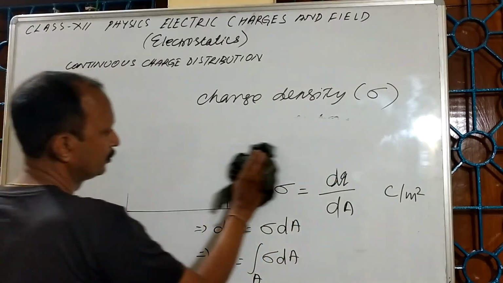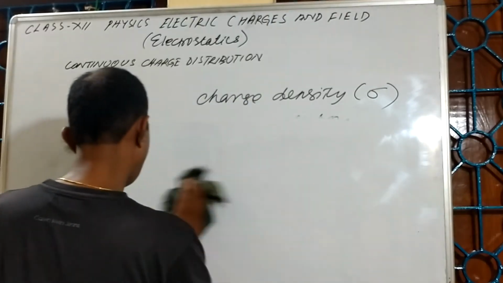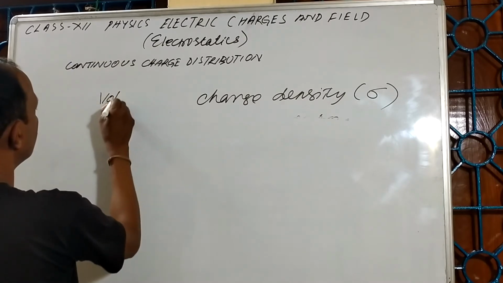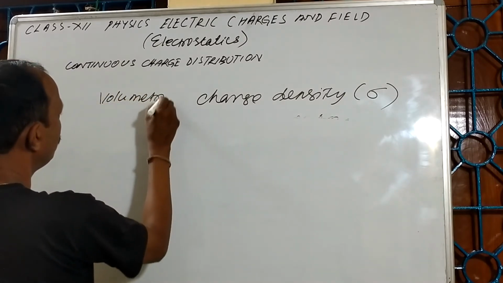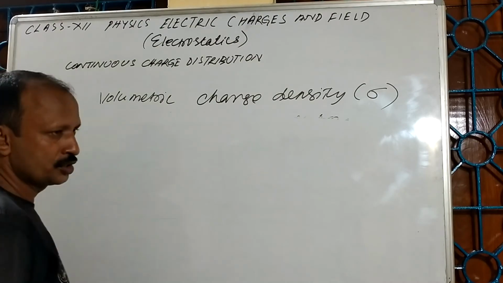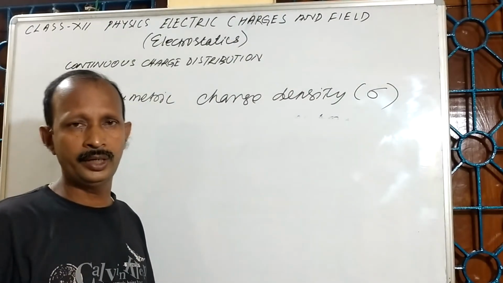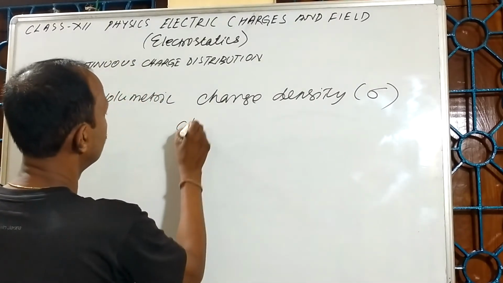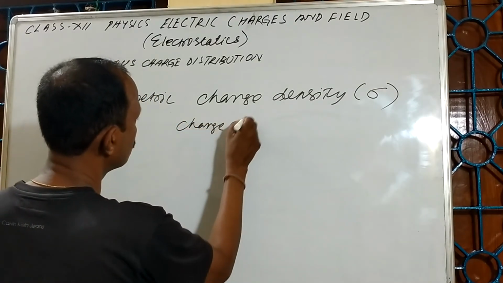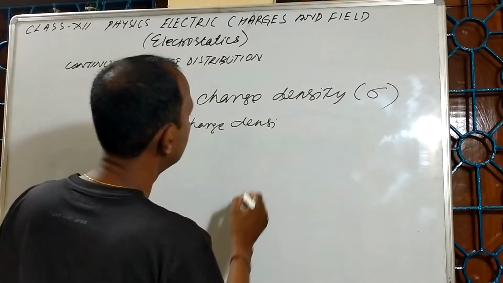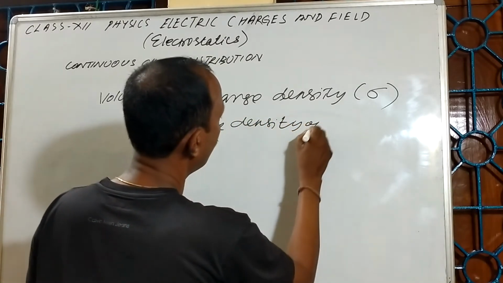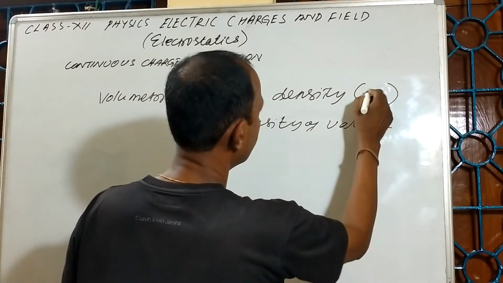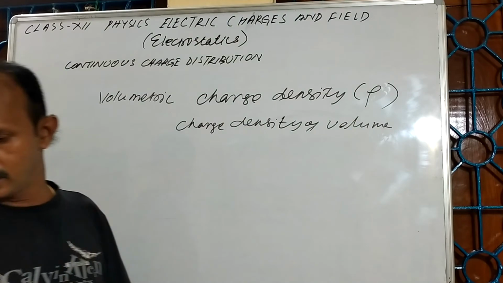Next one, volumetric charge density, or you can say charge density of volume. It is denoted by the letter rho.